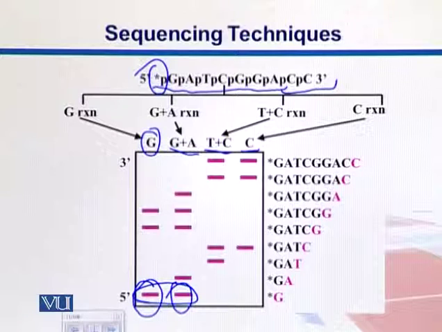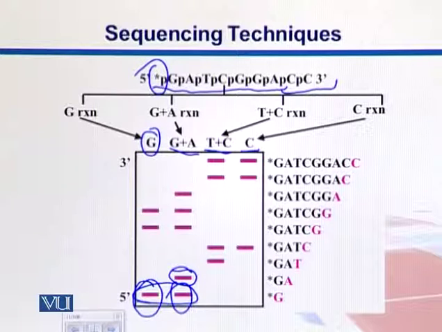So if there is no band in the G only reaction, then for sure it's adenine. So here for instance we see there is just one band in G plus A but no band in G. So it's kind of exclusion plus double evidence, where we can exclude one base, and then if we see that we have the band in both of them, then obviously we can take one of them.